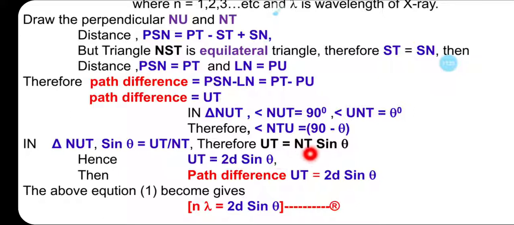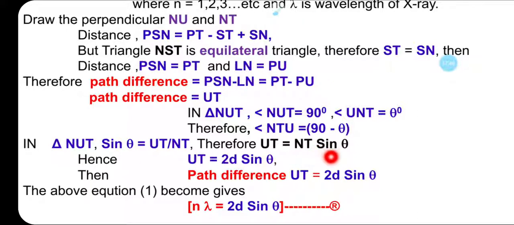So the path difference UT is equal to NT sin theta.